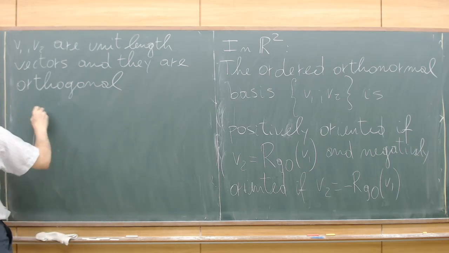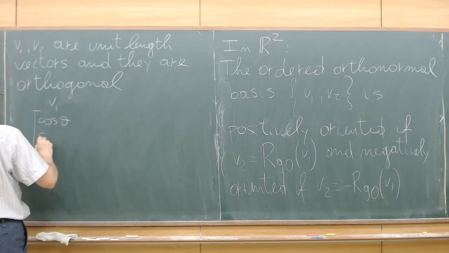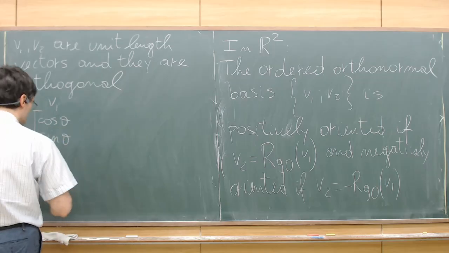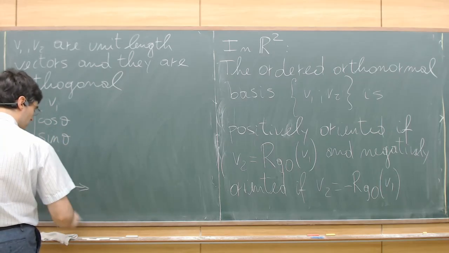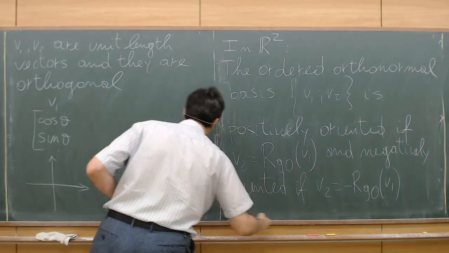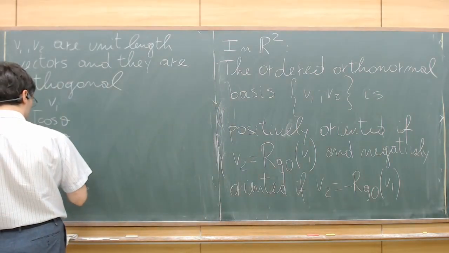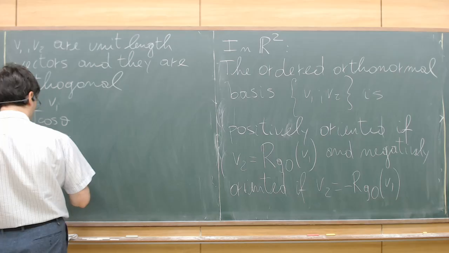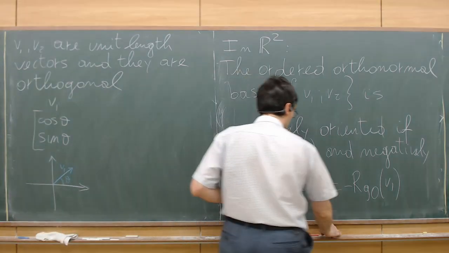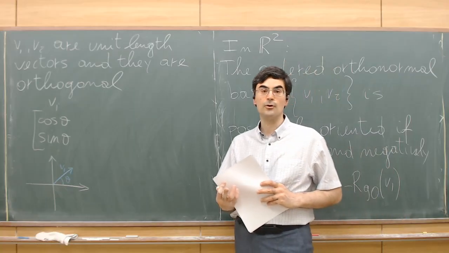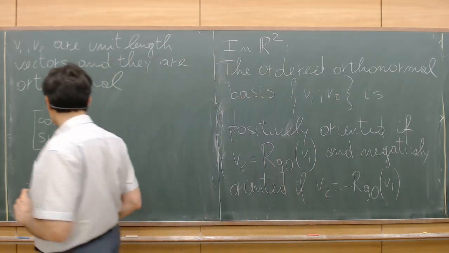So if V1 is cosine of theta, sine of theta for some theta, then there are only two options for V2.